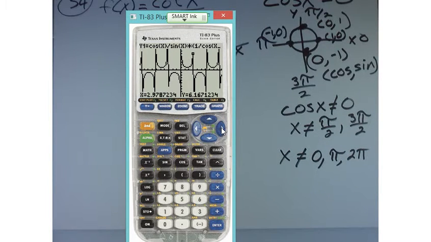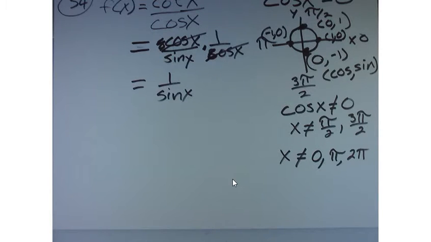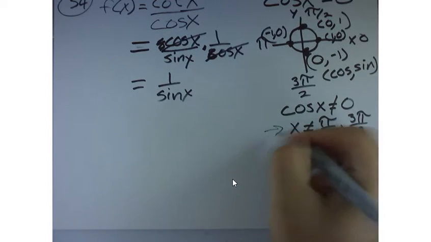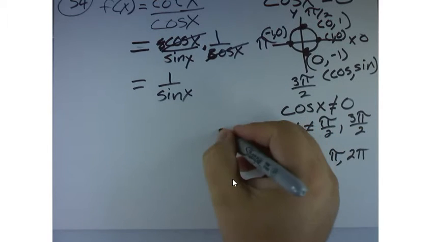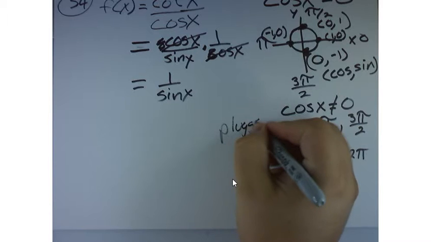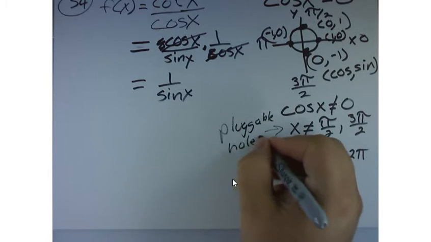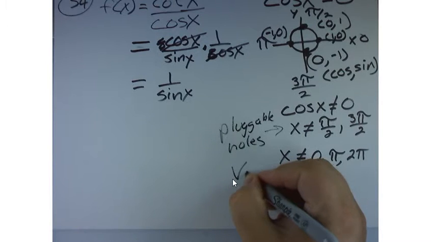They're important to know for both. But these right here are holes. These are pluggable holes. And these are the vertical asymptotes.